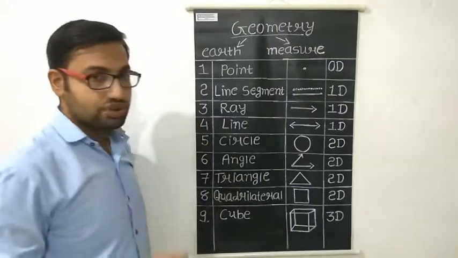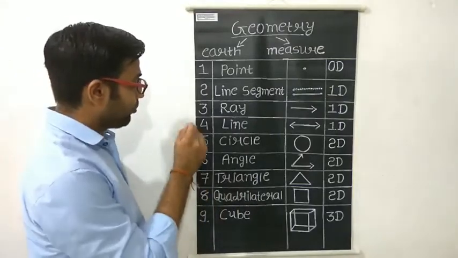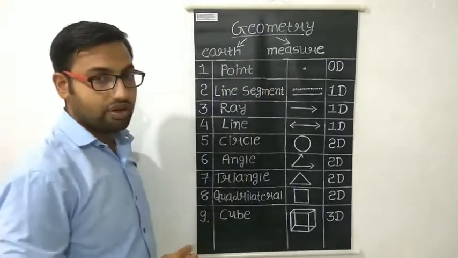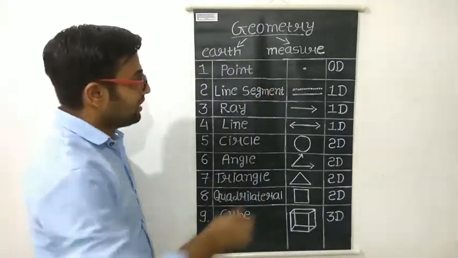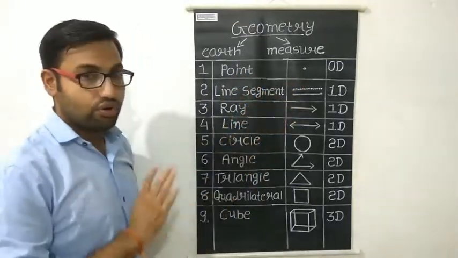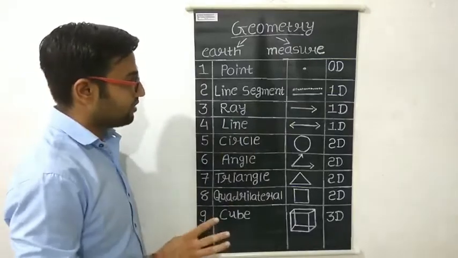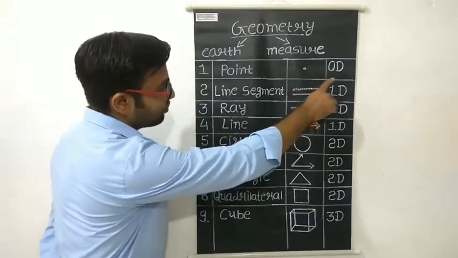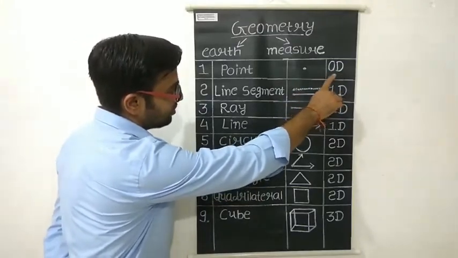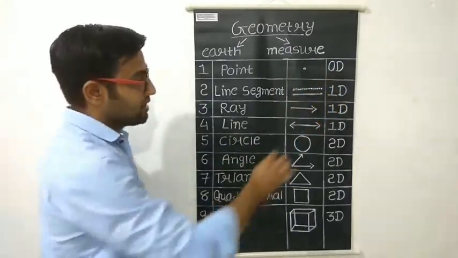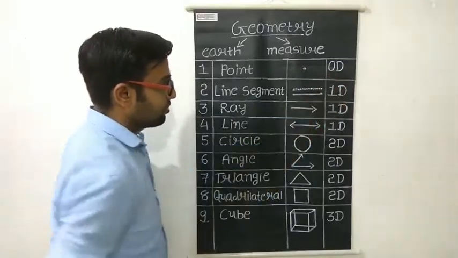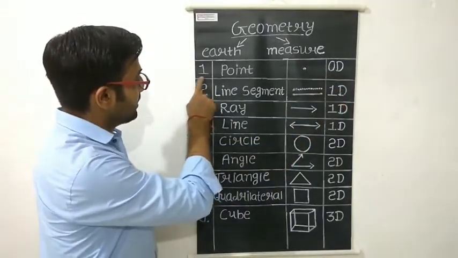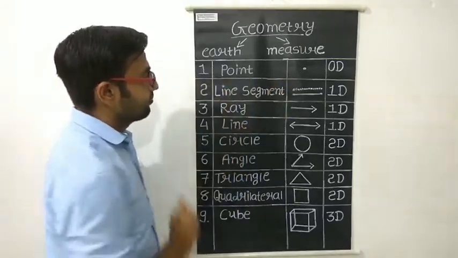Like if you use a pen and put a point on your paper, that will become this point, a very basic element. This point has no dimension, like it has no length, no breadth, no height, nothing. That is why we tell it is a zero dimension quantity, right? Zero dimension, 0D.